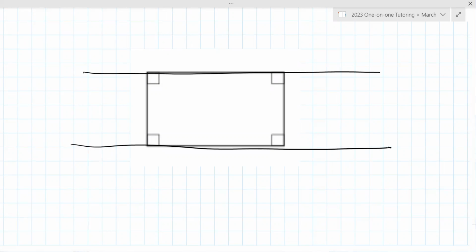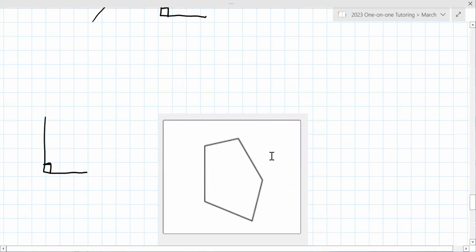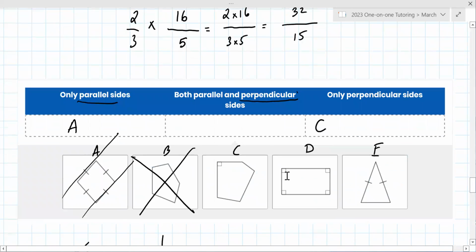What makes them parallel in this problem? Because they never intersect. Exactly. So these are definitely parallel. All right. Now, are there any 90-degree angles? Yeah, there's actually 4 of them. So this letter D here, this rectangle here, it actually has both.